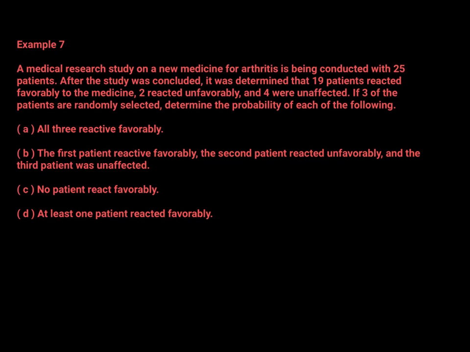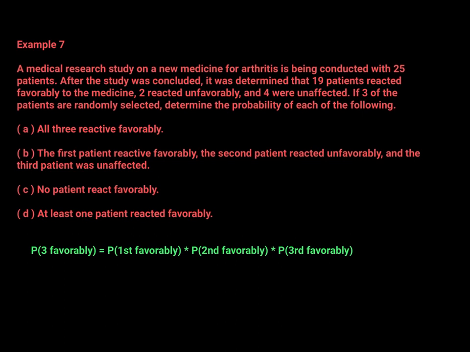All right, let's go through each one separately. The first one is all 3 reacted favorably. Okay, so one thing to keep in mind, each time a patient is selected, the number of patients remaining decreases by 1. Okay, so just keep that in mind. So for the first one, all 3 reacted favorably.